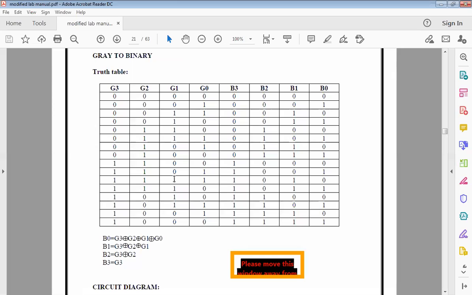Then 0 1. Here also you can see a pattern occurring. From here to here, this is like 0 0, and from here to here, it is like 0 1.